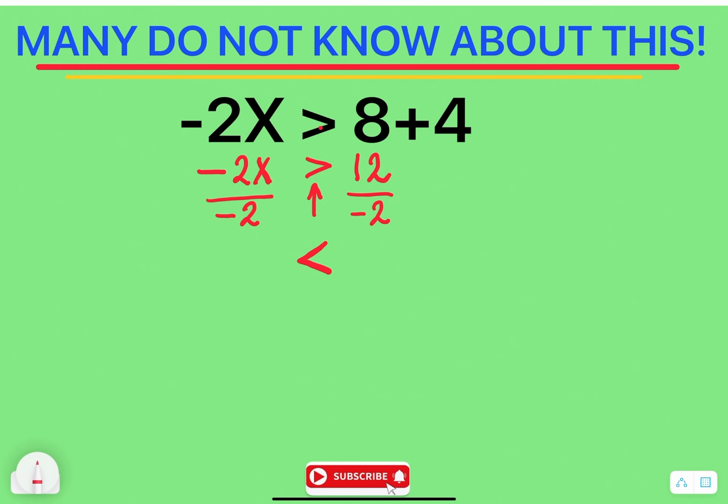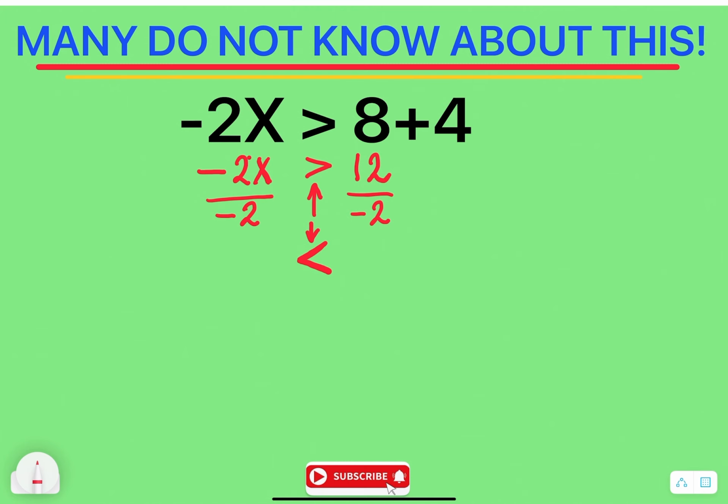It was bigger than, now it will become smaller than. This is a very, very important part of solving inequalities. If you don't do this, you're gonna get a totally wrong answer. And I know many don't know about this when they are solving inequalities.